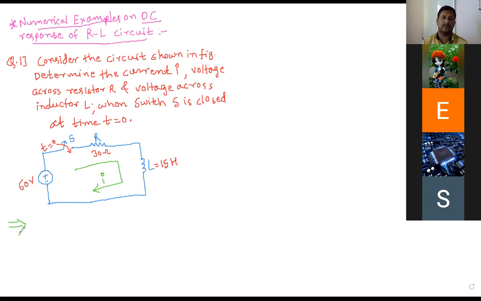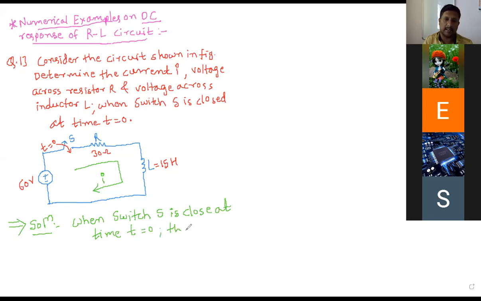First I will explain all those things, and while solving the second problem, you can tell. Okay, so we can start to solve this example. When switch S is closed at time t equal to 0, then by using KVL we can write the equation. When the switch closes at time t equal to 0, current I will circulate.